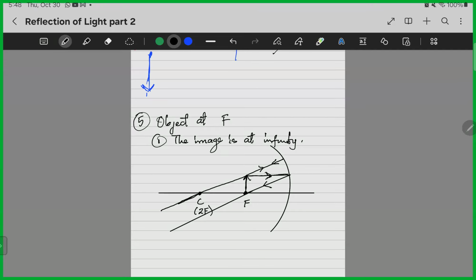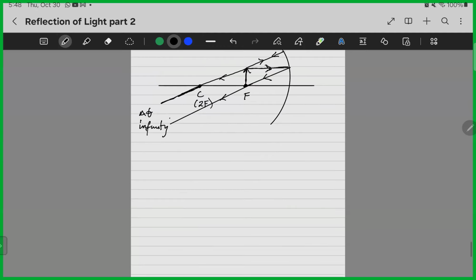So the idea is that when it's returning like that, the two of them return and they don't meet. So the idea of it being formed at infinity is that these returning lines don't meet. So this concept is now called at infinity. All the other lines have been meeting. So these ones, they return and don't meet.